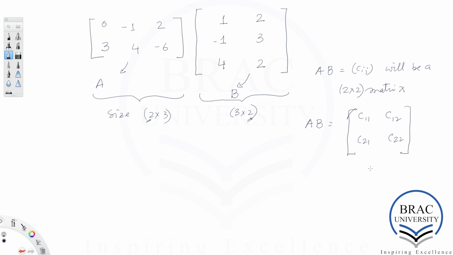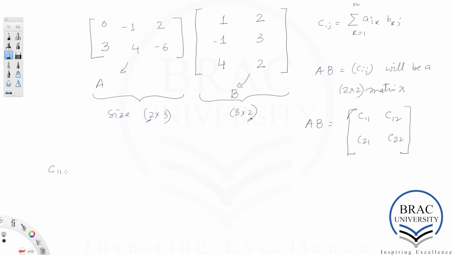Okay, there are 4 entries in this matrix. So for C11, remember that we wrote this sum of products expression Cij as Aik Bkj, where k runs from 1 to n, right?